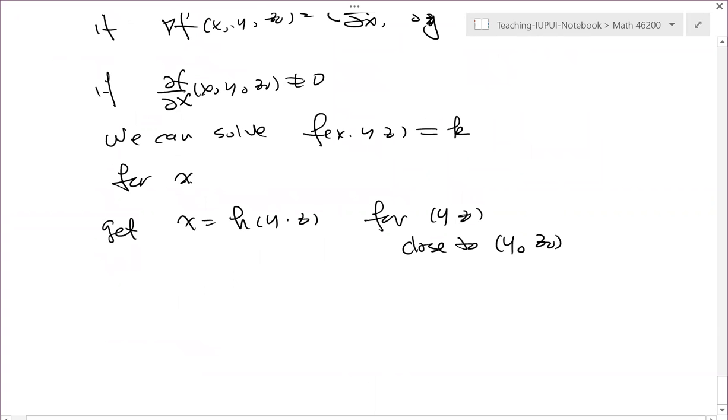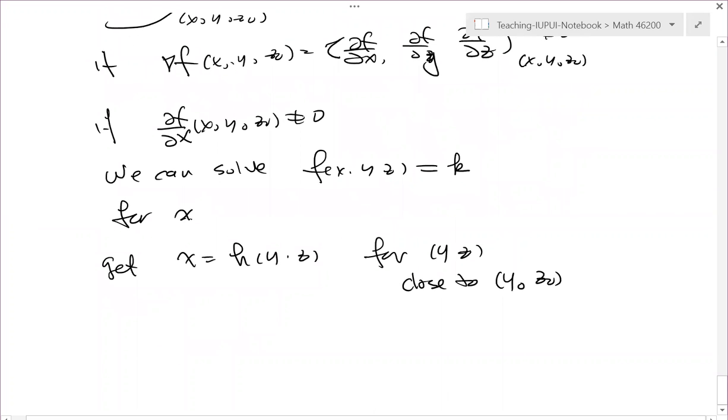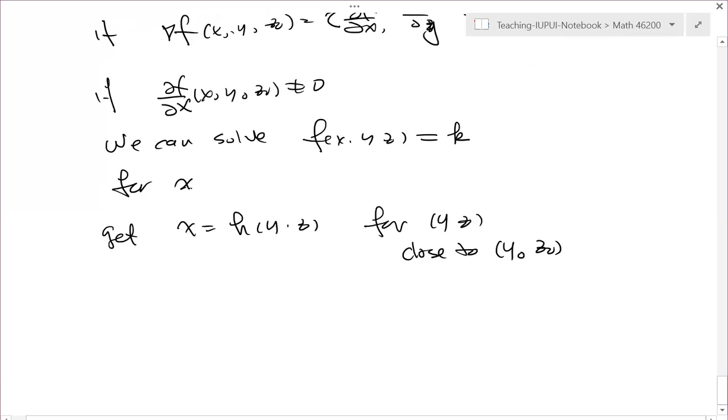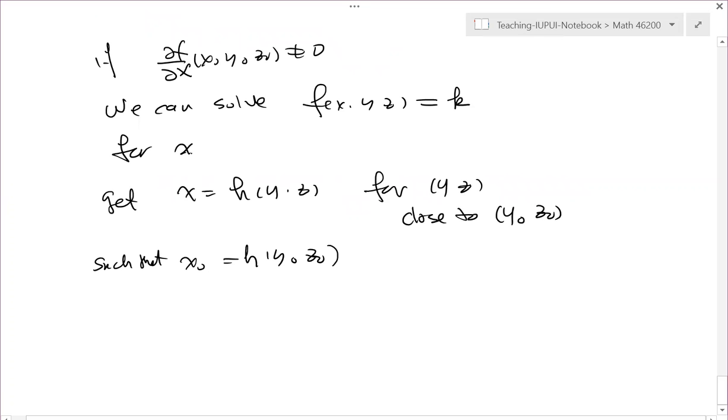That's much easier to understand. So as long as the partial derivative of f with respect to x is not equal to 0 at that particular point, then you can get a solution. Sometimes you get two solutions, but you have to choose one, making sure x is close to x naught.